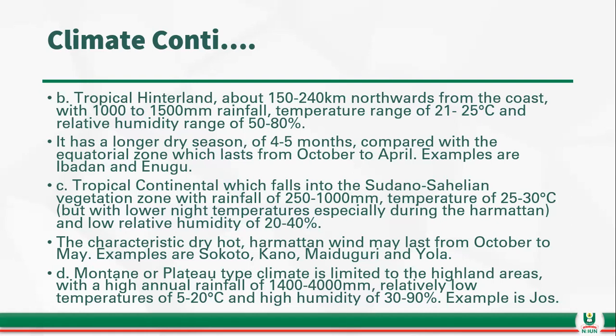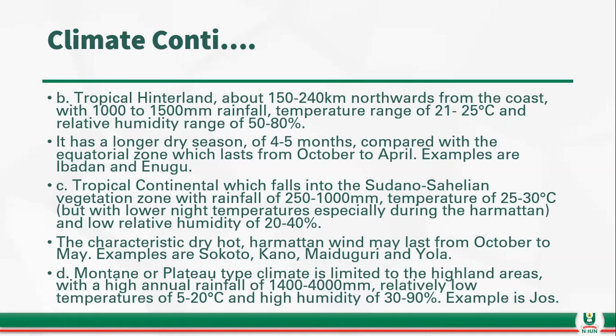This tropical continental falls into the Sudano-Sahelian vegetation zone, and it has rainfall of 250 to 1,000 millimeters. It's quite low, and we have temperature that is a bit higher than what we record in the other zones, which is about 25 to 30 degrees Celsius.